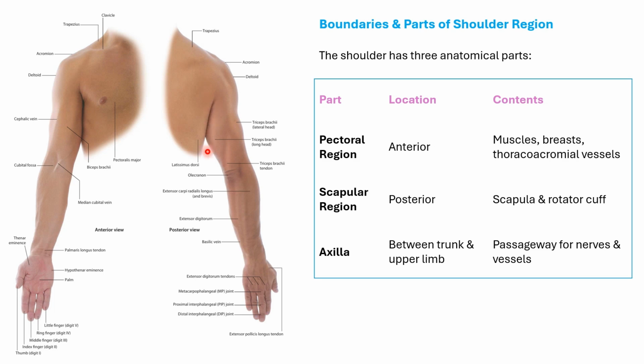So this is the axillary region. This is the axilla. The pectoral region contains muscles, breast and thoracoacromial vessels, the scapular region contains the scapula and rotator cuff muscles, and the axilla gives passage for nerves and vessels.